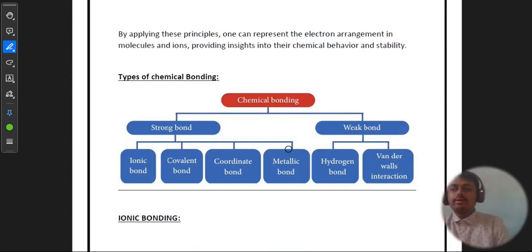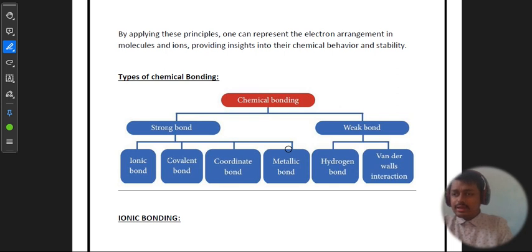Now moving forward, we will be covering different types of chemical bonding. The first question you must be asking yourself is, what is bonding? Bonding is nothing but the attractive force between the two atoms of a molecule which results in a strong bond or weak bond.